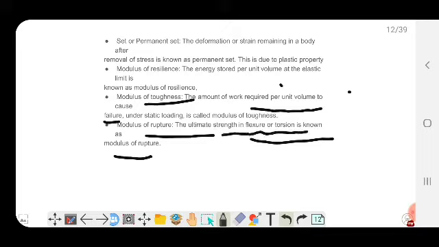Ultimate strength in flexure or torsion is known as modulus of rupture.